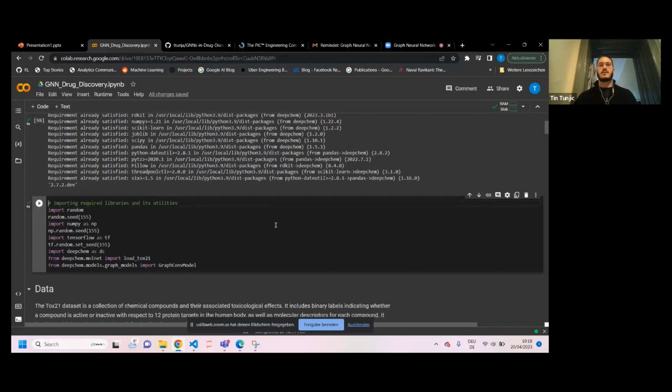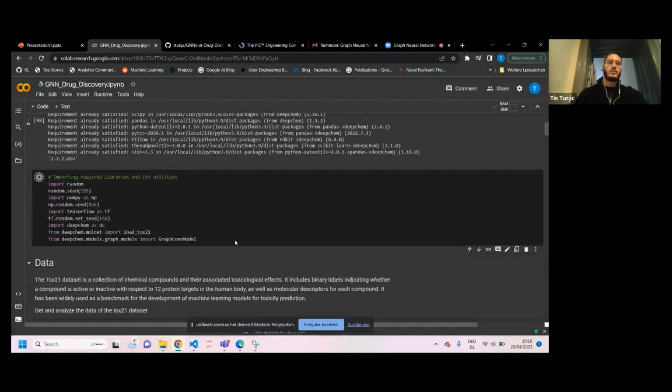One of the nice things is that they already come with a loader for the Tox21 dataset, and they also come with a graph convolutional network completely out of the box, so you can write it in one or two lines of code, and more or less you have your prediction.